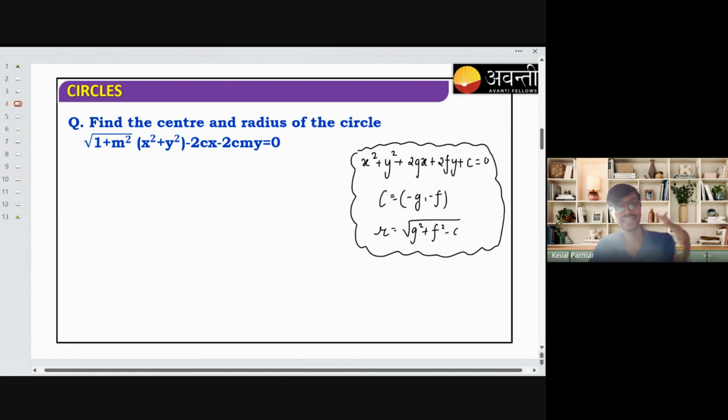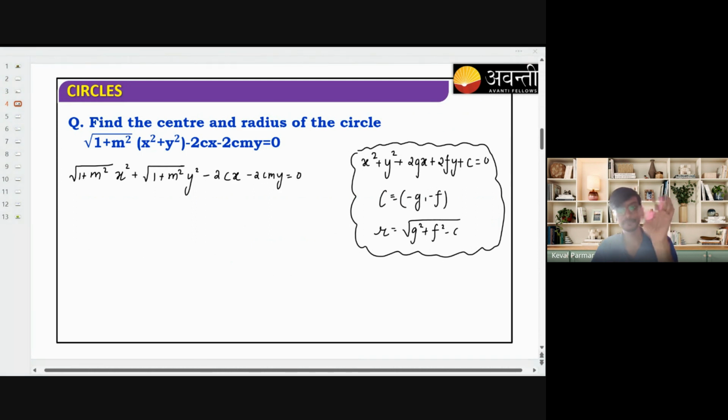So let us try to reduce this equation here. We can open this bracket. I'll get root of 1 plus m square times x square plus root of 1 plus m square times y square minus 2cx minus 2cmy equals 0.